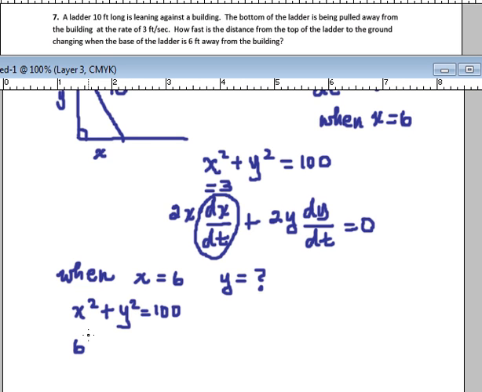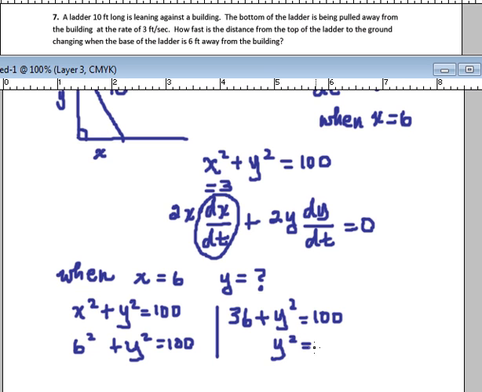So 6 squared, we have 36 plus y squared is equal to 100, and then just subtract 36 from both sides. We have y squared is equal to 64. So when x equals 6, y is equal to 8.